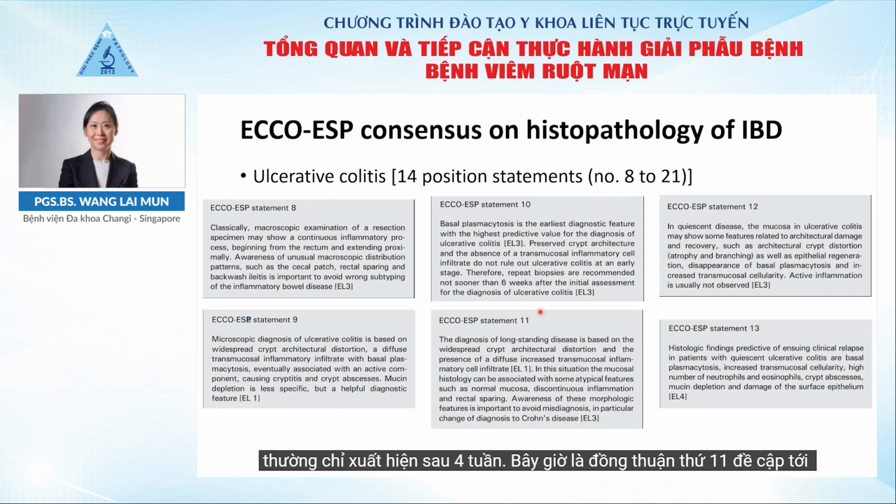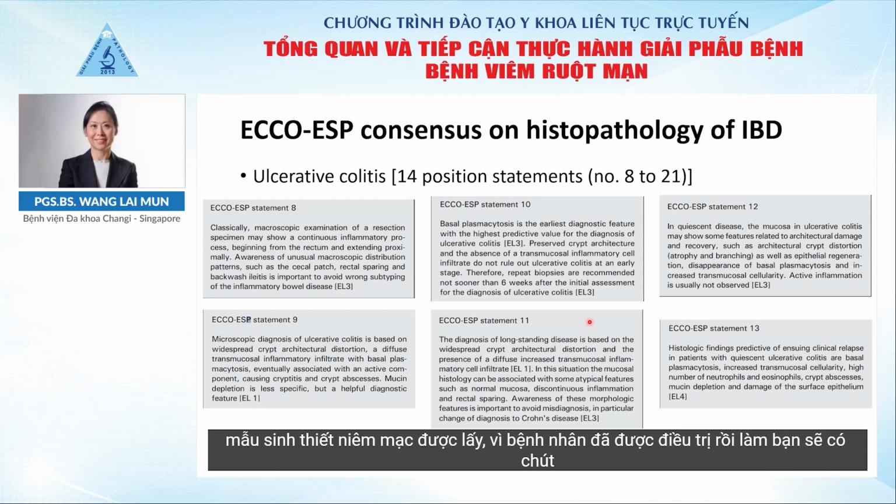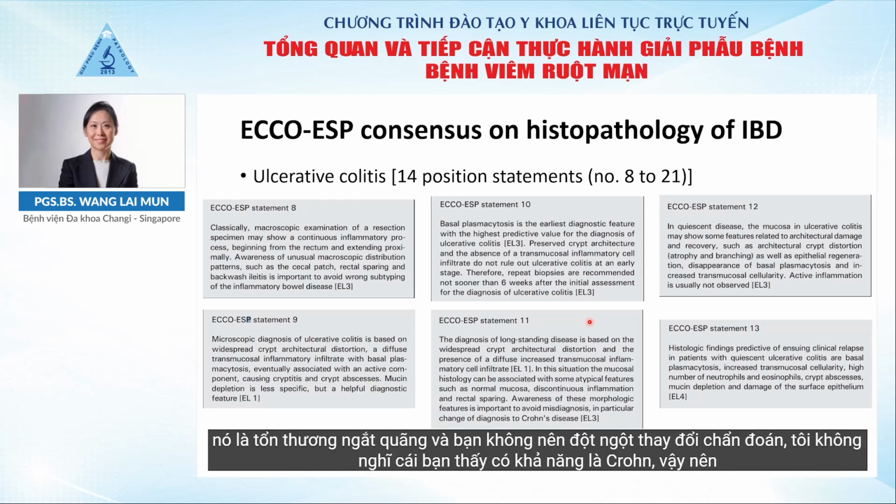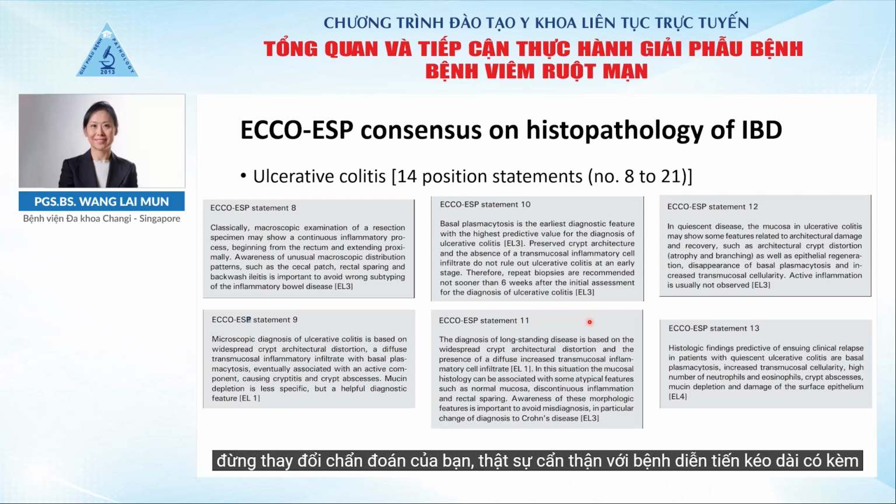Now, position statement 11 deals with long-standing disease. Long-standing disease, let's say in mucosal biopsies, because the patient has already been on treatment, you get an impression that it's actually not continuous. That means it's patchy, and that shouldn't make you suddenly say, oh, I don't think this is UC, it's probably Crohn's. So do not change your diagnosis.